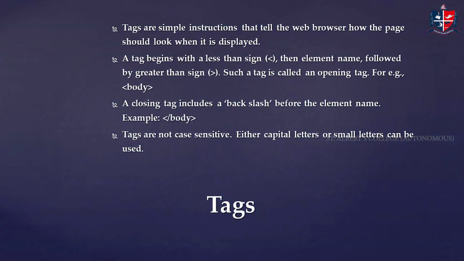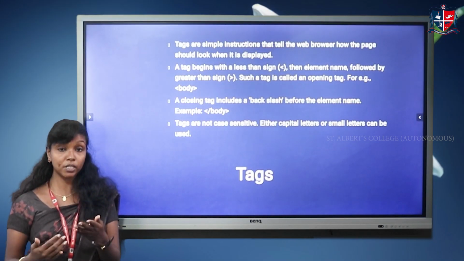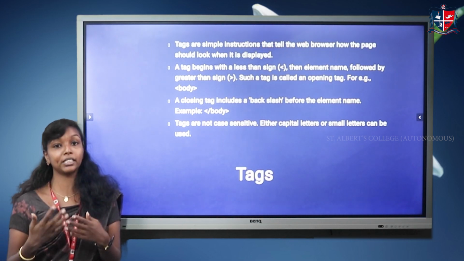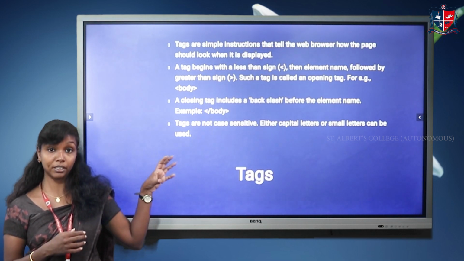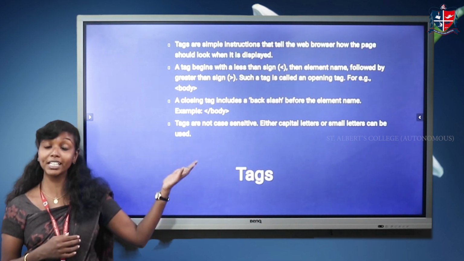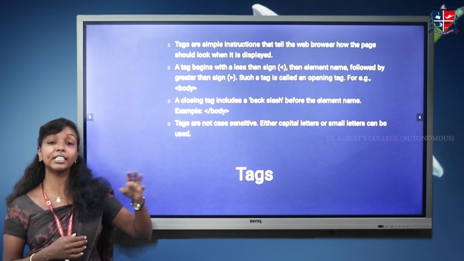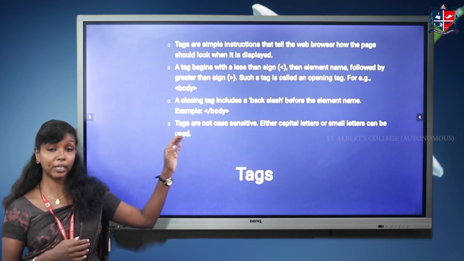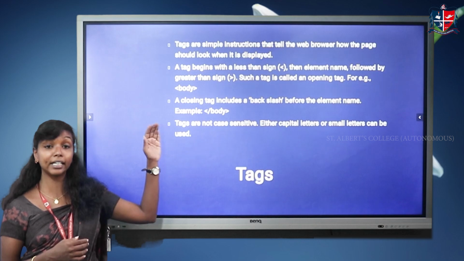Now let's see the second concept, that is tags. Tags are simple instructions that are given to the web browser that instruct how the web page should look when it is displayed. A tag begins with a less than sign, followed by the element, followed by the greater than sign. For example, there is an opening tag which consists of a less than sign, the element name body, and a greater than sign.